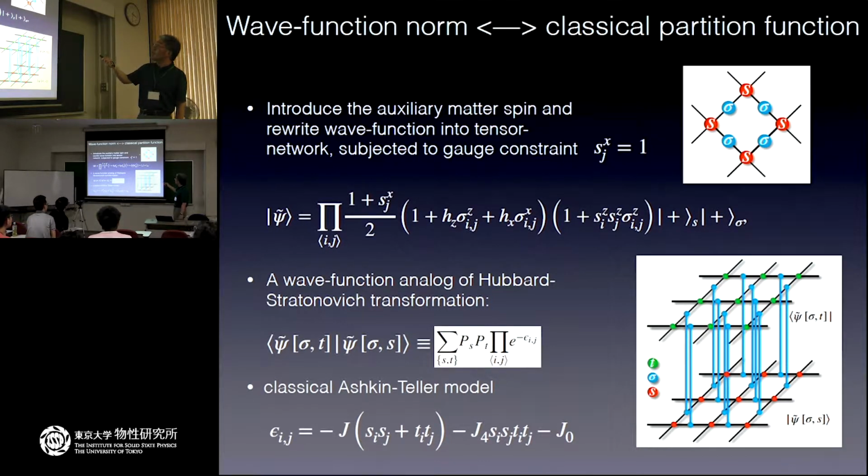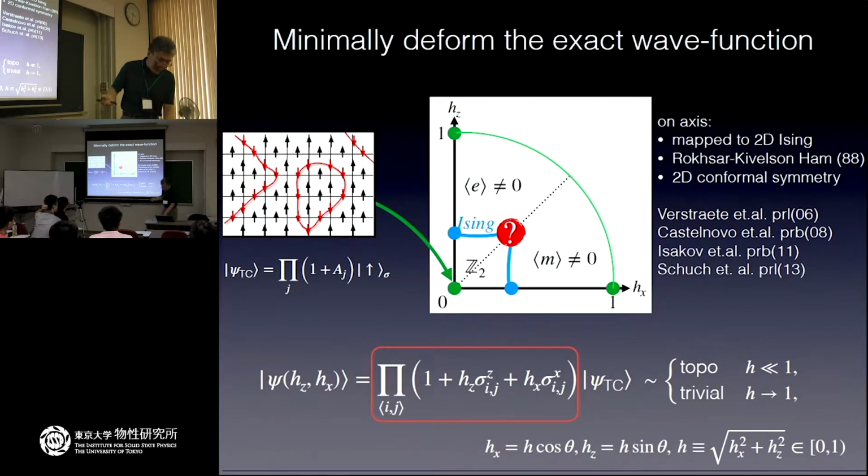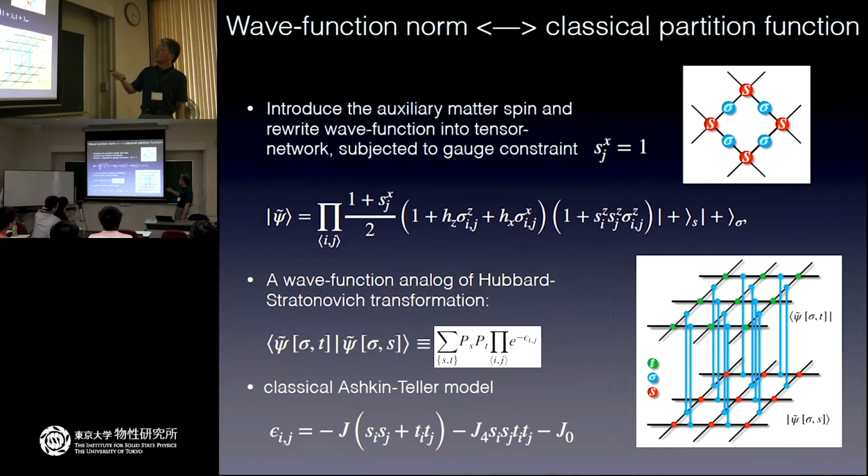But here we have introduced the auxiliary spin sitting on the vertices, this S operator. And the previous deformed wave function, we rewrite it, under this gauge constraint for the auxiliary spin, into this form.